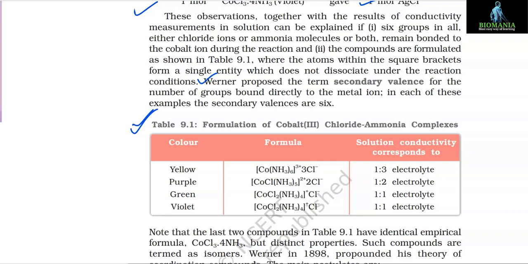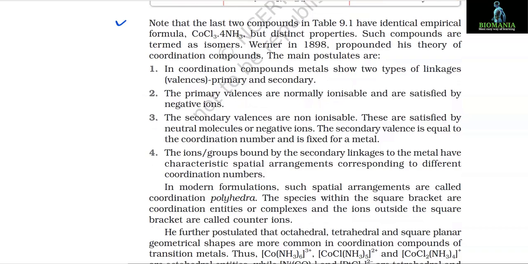Werner proposed the term secondary valence for the number of groups bound directly to the metal ion. In each of these examples, the secondary valences are 6. Note that the last two compounds in Table 9.1 have identical empirical formula, CoCl3·4NH3, but distinct properties. Such compounds are termed isomers.